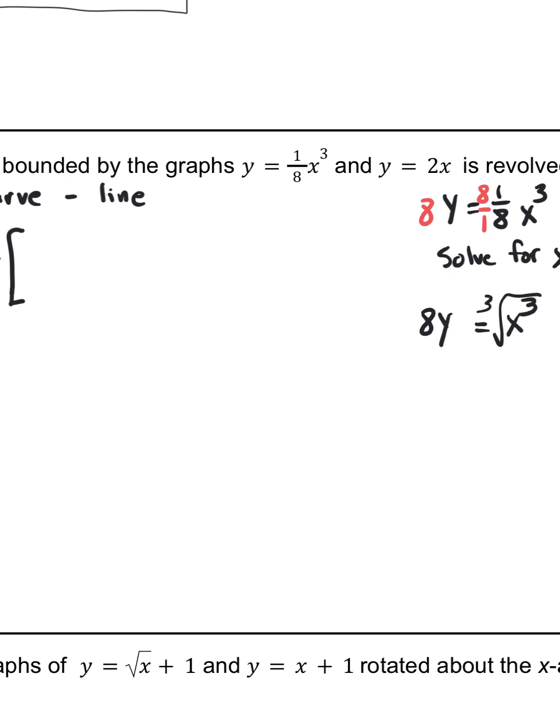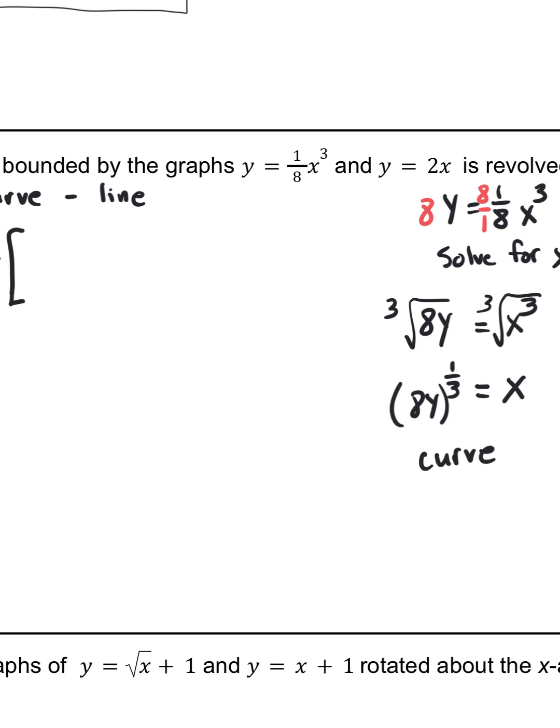Now, the cube and the cube root cancel each other out, so we have x. Instead of having a cube root here, I'm going to rewrite it. A cube root is the same as the 1/3 power, and that will be easier when we plug it into our integrand. All right, so that is the curve.